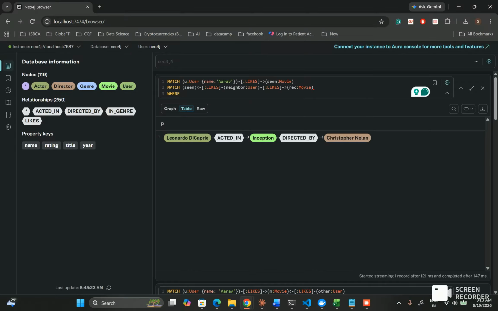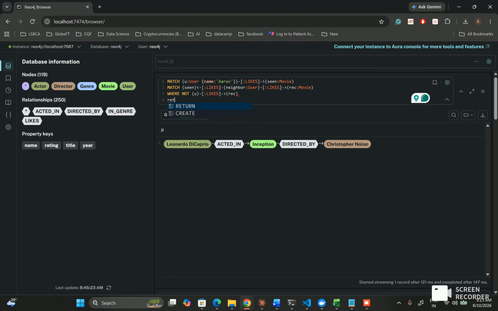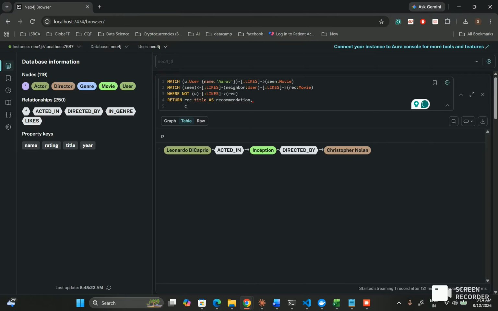Here it is a filter so that Arav is not counted twice. Then we want to return the title as recommendation, count.